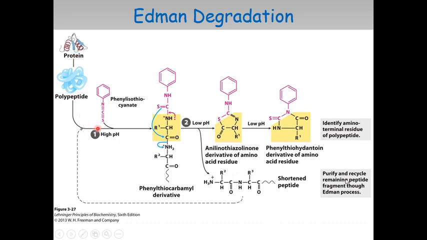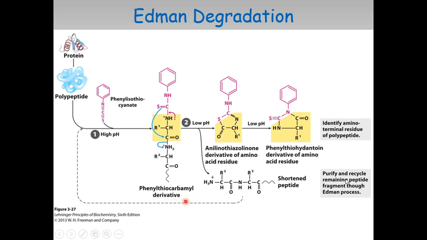And then the pH is increased and the polypeptide is labeled using phenyl isothiocyanate, this compound, which reacts with the N-terminus of the peptide. And after reacting with the N-terminus, you get a phenyl thiocarbamoyl derivative.